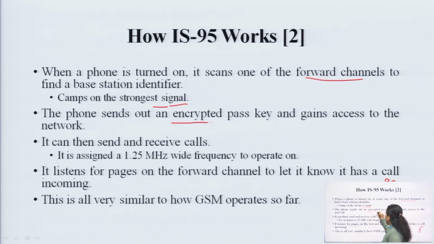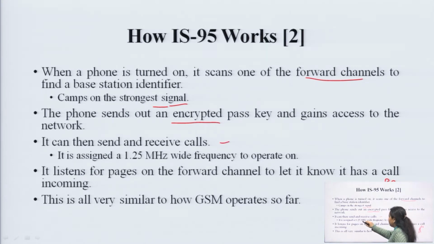The phone sends out an encrypted pass key and gains access to the network. This encrypted pass key is a kind of PN sequence that is randomly generated, and it is known only by the generator and the receiver. No third party can find out what the pass key is. It can then send and receive the call.